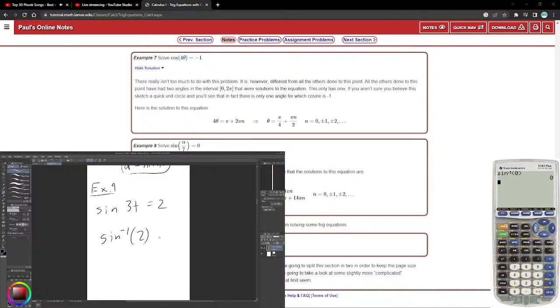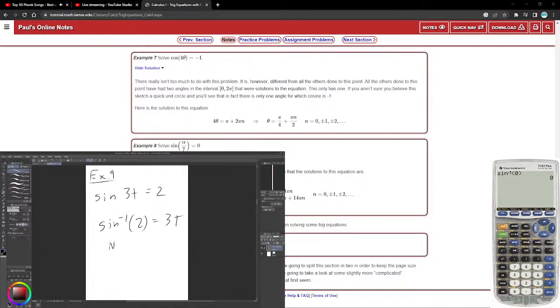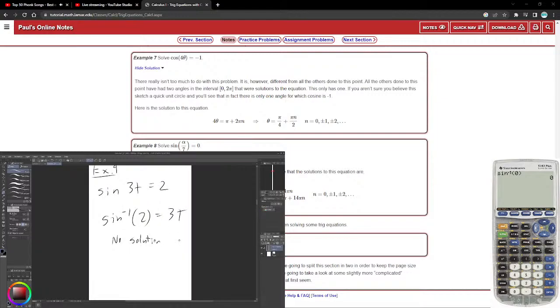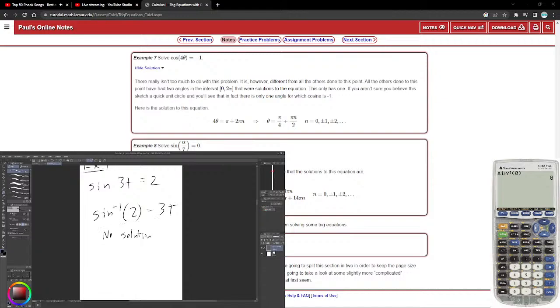Oh, you can't do this. No solution, because you can't have a sine greater than 1. What do you get if you plug that in? Yeah, you can't.